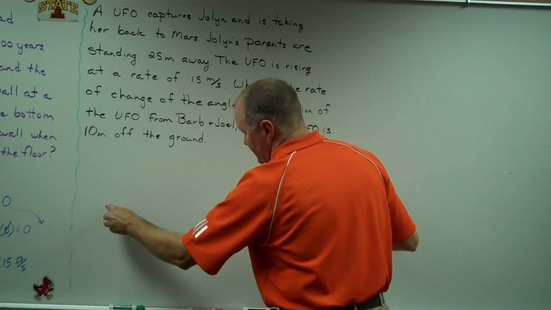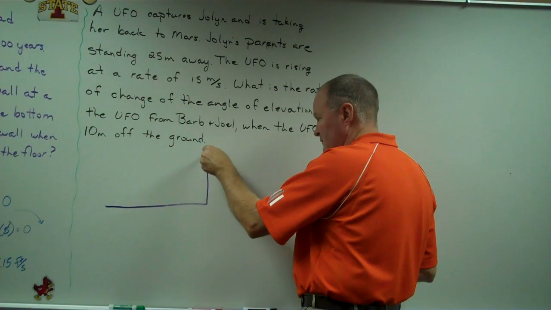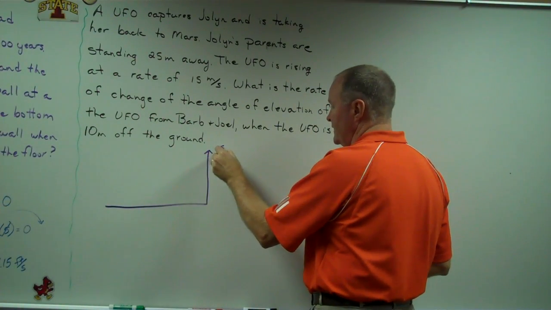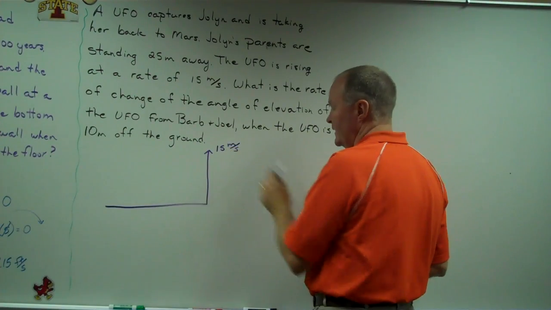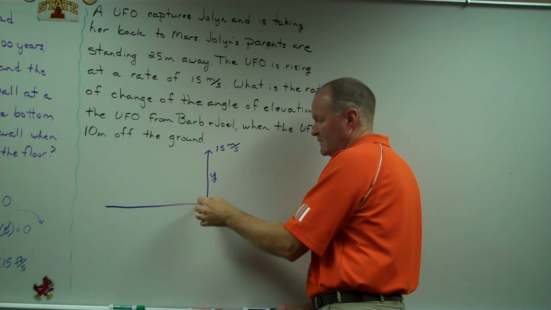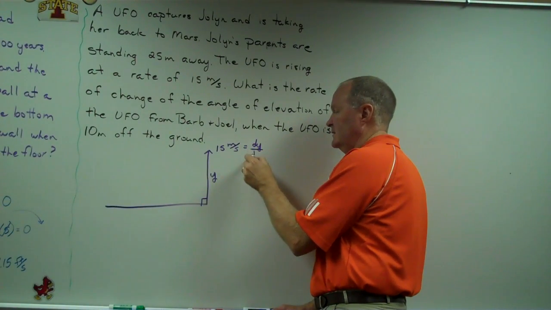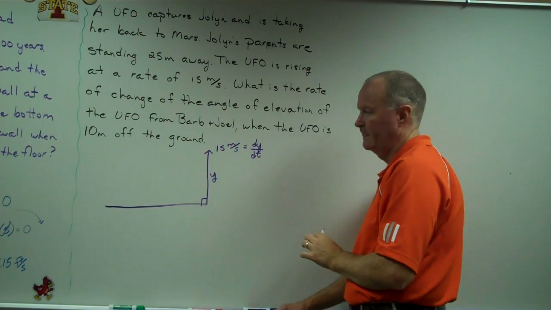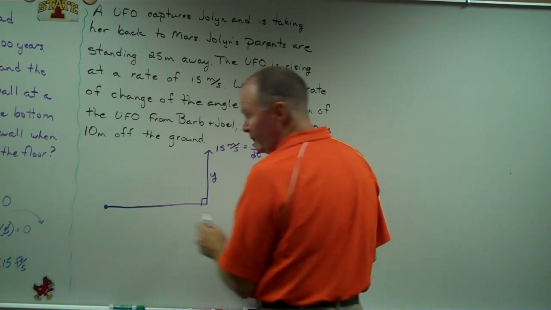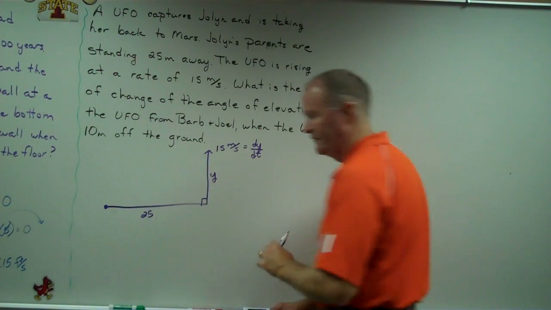Here's the ground. The UFO is going up in the air. That's that 15 meters per second, right? Usually what do we call this letter? The y. And so that could be my dy/dt. Barb and Joel are over here. How far away? 25 meters.